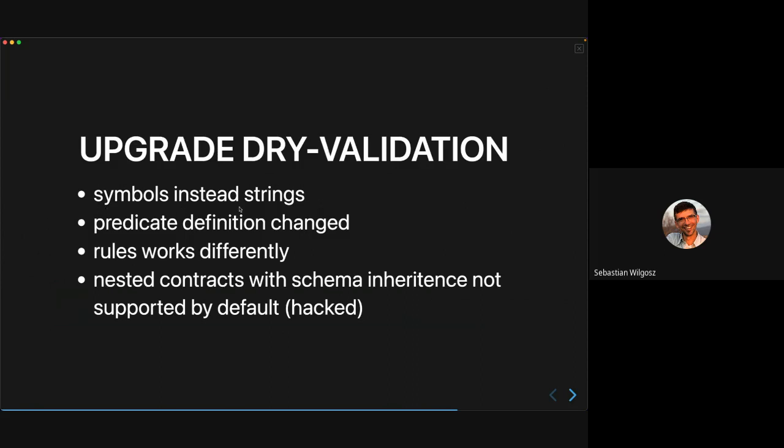If you want, other related changes are that some predicate definitions have been changed. There are rules that are parts of the dry validation contract, but the schemas are separate. And for example, nested contracts are not supported, and I needed to hack it to ensure backward compatibility.